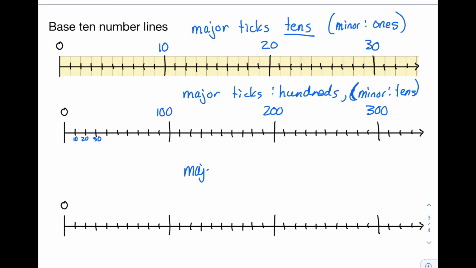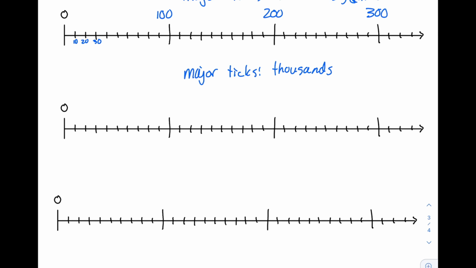Let's do a number line with the major ticks, thousands. So starting from 0, 1,000, 2,000, 3,000, and then my minor ticks are going to be the hundreds, one place value down.